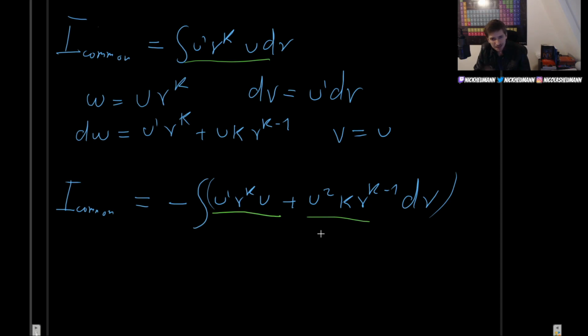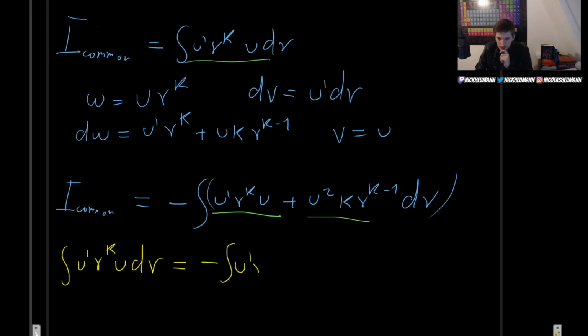Well, let me maybe write all of this together, because the I common is this right there. So it's going to be, maybe let's change colors, integral of u prime r to the k power u dr. This is equal to minus that same integral r k u dr. And now this right there, maybe let's write it differently.